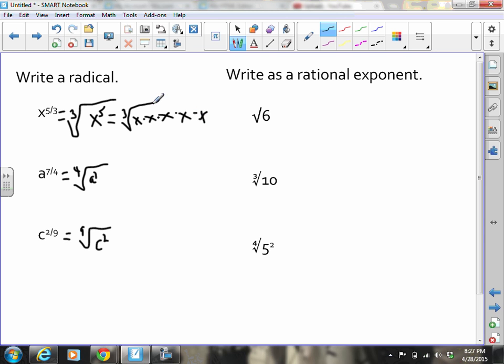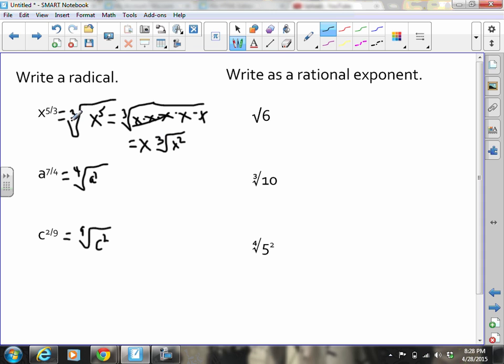So x to the 5th is the same thing as x times x times x times x times x, 5 times. The cube root tells me to look for groups of 3, so there is one group of 3 x's. So I am able to pull out 1 x in front of my cube root. What's left underneath are those 2 x's that were not a member of a group of 3. So we'll write it as x times the cube root of x to the 2nd.